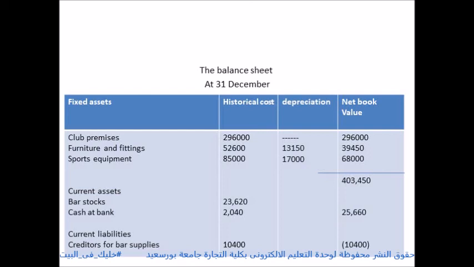Sports equipment, the historical cost 85,000 less depreciation 17,000, the net book value will be 68,000. So the total fixed assets will be 430,450. The current assets: stock 23,620, cash at bank 2,040, so the total will be 25,660. Current liabilities: creditors for bar supplies, 10,400.